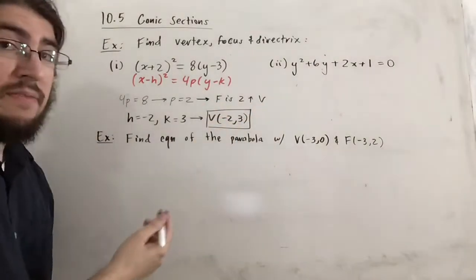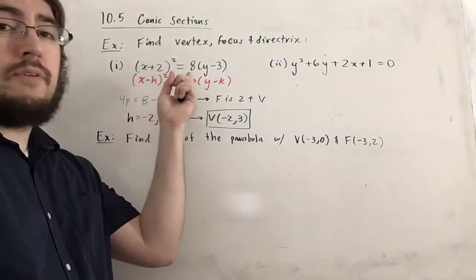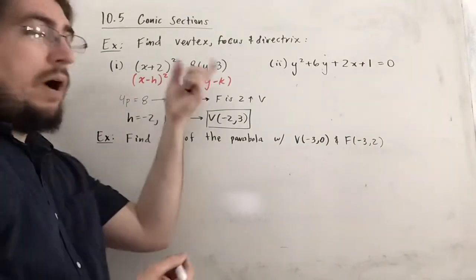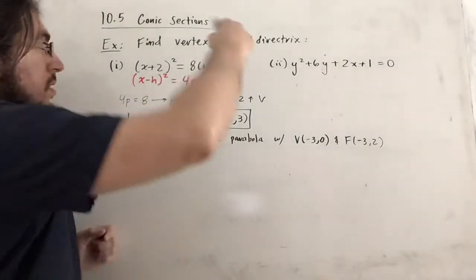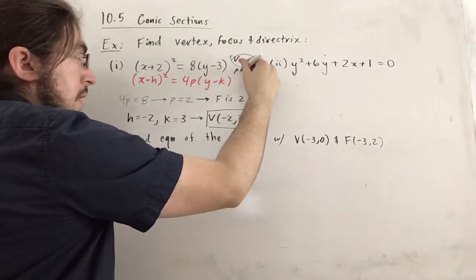And if you actually graph this, we know it's a facing up parabola because the number in front is positive. P is positive in this case. Also, y is not squared, so it's vertical. We know it opens up because P is positive.